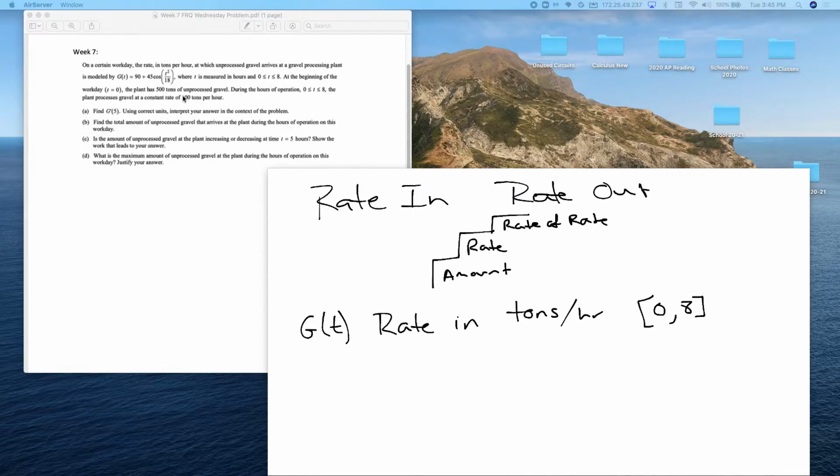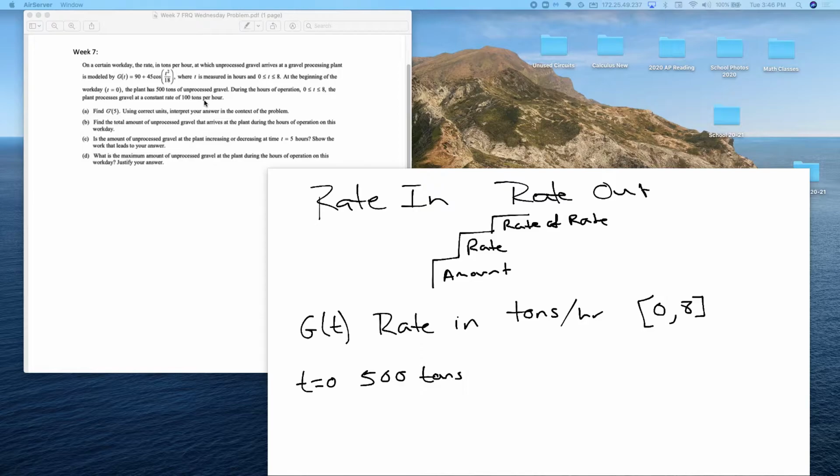And then if you look at the next thing, it says that the plant processes gravel. Okay, so it begins to process at the beginning of the plant. Oh, there are 500 tons of unprocessed gravel. So when t equals 0, there are 500 tons of unprocessed gravel. And it says during operation from 0 to 8, the plant processes gravel at a constant rate of 100 tons per hour.